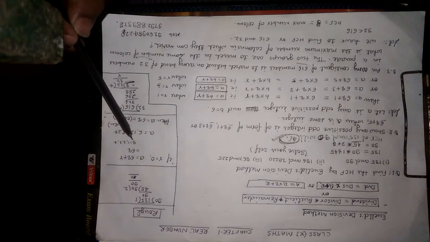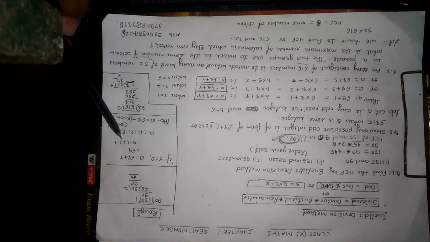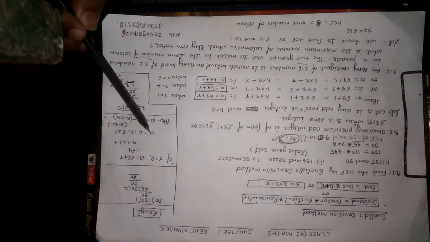When q is equal to 1, a is equal to 6 into 1, that is 6. q is equal to 2, so 6 into 2 is equal to 12. q is equal to 3, 6 into 3 is equal to 18, and 4, 6 into 4 is equal to 24. So what have you got? All these numbers are even numbers. Even numbers means numbers which can be divided by 2.